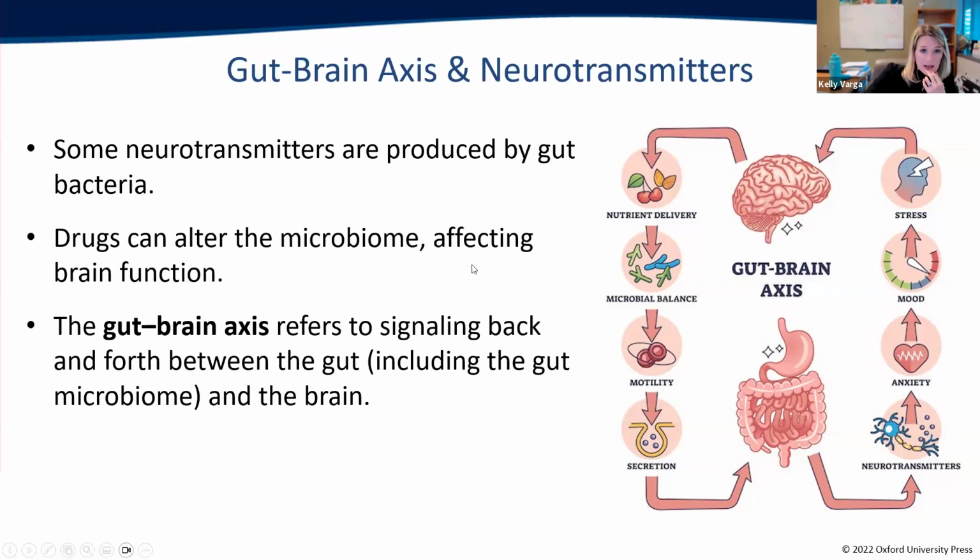So drugs can absolutely alter this, especially if you're looking at things like antibiotics. Antibiotics, what do we know antibiotics do? Well, we know that they kill off bacteria. They may kill off the bad bacteria, but unfortunately, they're also going to kill off the good bacteria inside of your gut. This is why sometimes they say, yogurt, or make sure that you're getting a pro or prebiotic.